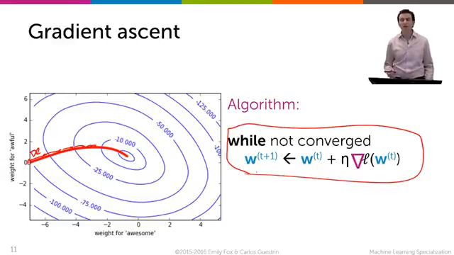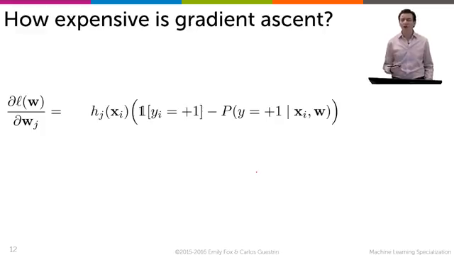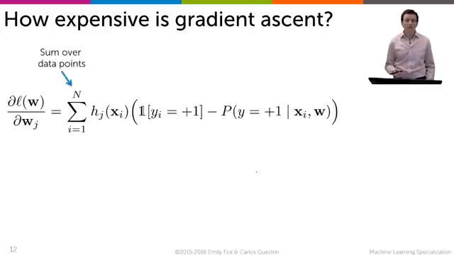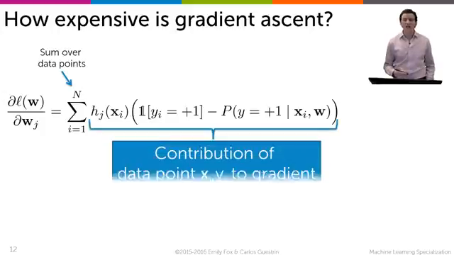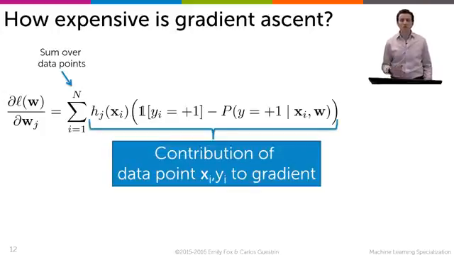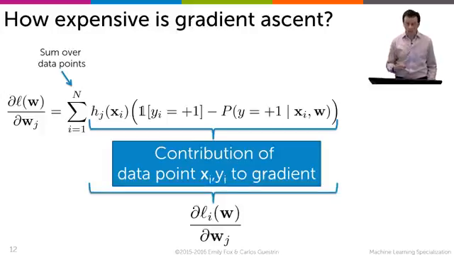The question here is, how expensive is this algorithm? Let's look at the case of logistic regression just to remind ourselves of how expensive that is. What we need to do here is some function over each data point, and you can think about it as the contribution to the gradient that data point xi, yi has. And we're adding those up through each data point.